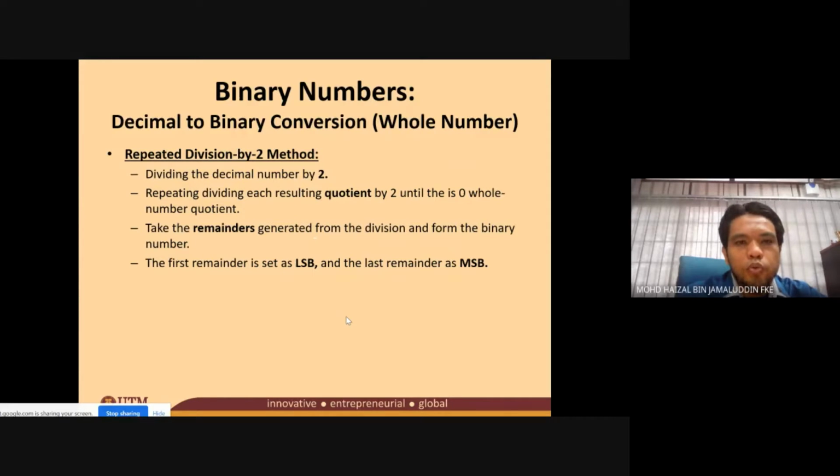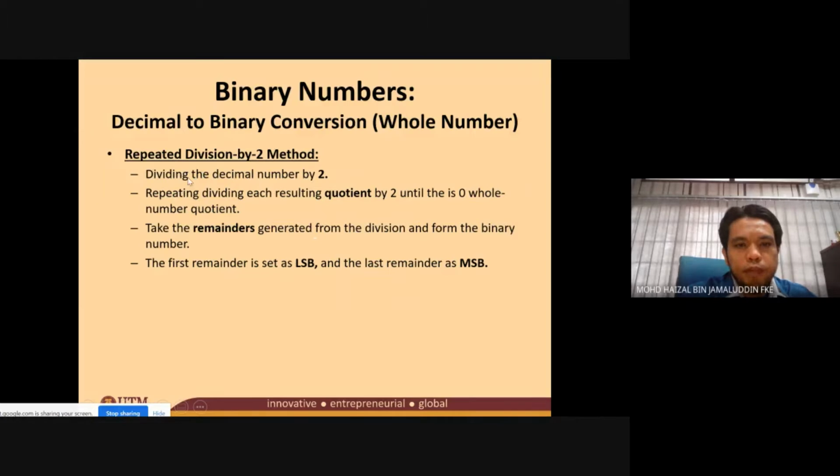So how do we want to convert from decimal to binary? So this is the process of conversion from decimal to binary. Okay, so how do we want to do that?